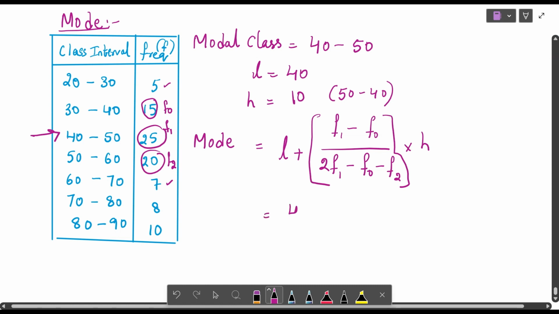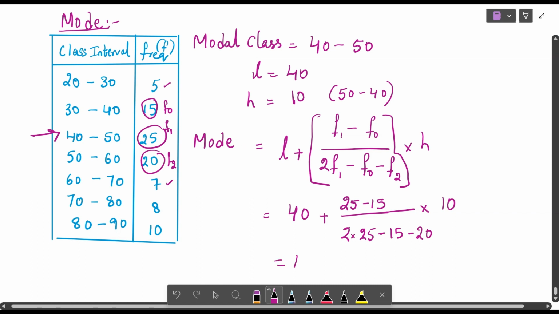So apply all the values. 40 plus, what is F1 here in the diagram? 25 minus 15, by 2 into 25 minus 15 minus 20, and into H, which is 10. Understood, students? Now solve this carefully.